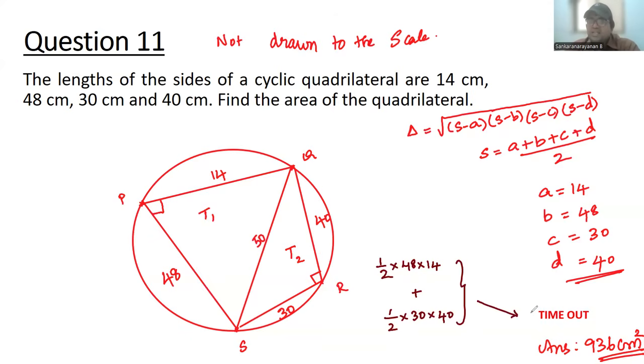You still get the same value, 936 centimeters square. But for that, you should understand when you're drawing the diagram true to the scale, this will come to picture. But if you don't remember this, you can consider that the formula is somewhat more handy, and then you can use this also. So both the methods are available.